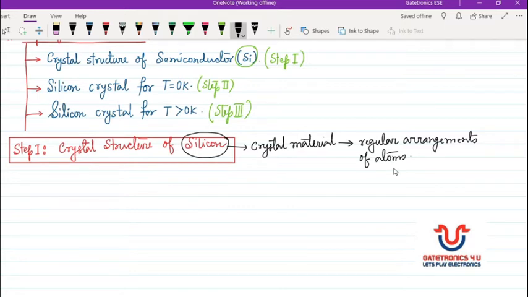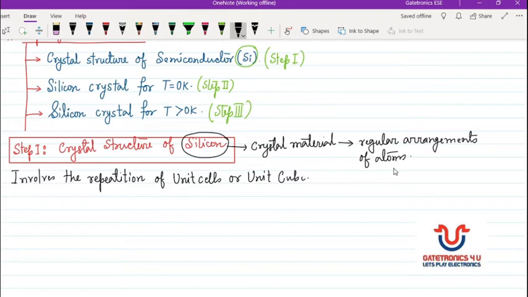So we can say that it involves the repetition of unit cells or unit cubes. To understand the crystal structure, we need to know the unit cell structure or unit cube structure of silicon.